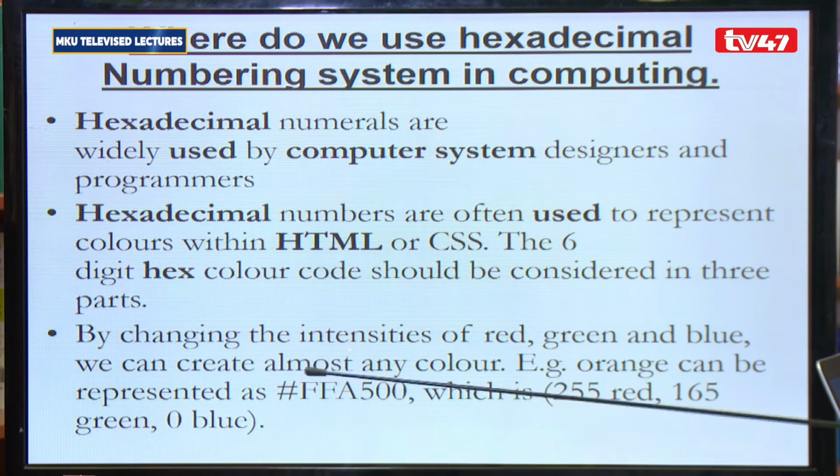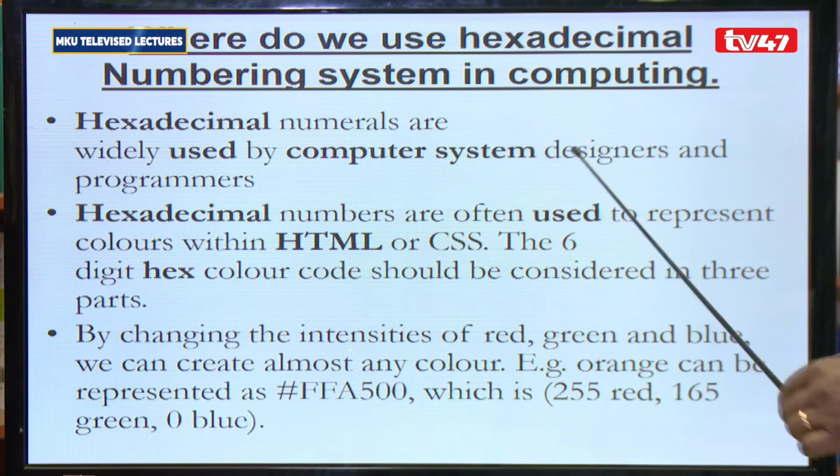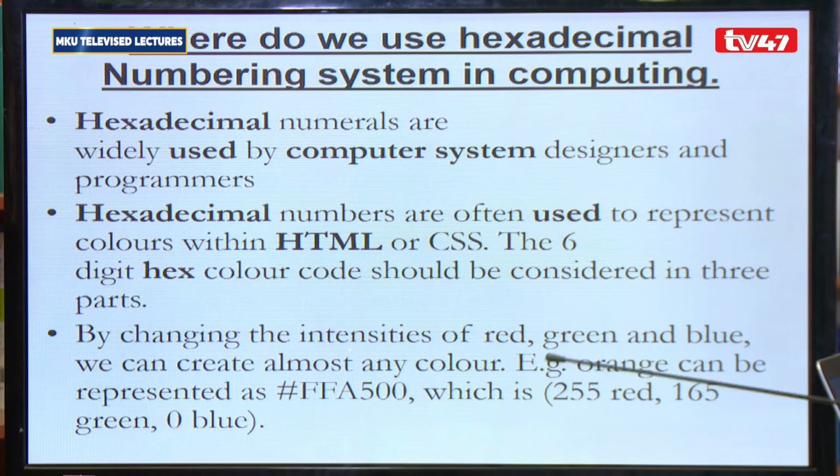You vary the intensities of red, green, and blue, and you end up with a different color. So in website design, you can have different colors in different sections of the website. You do that using the color code, which is represented using the hexadecimal format.